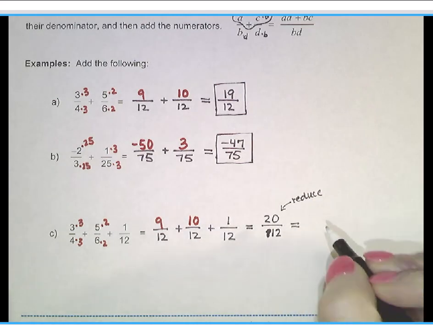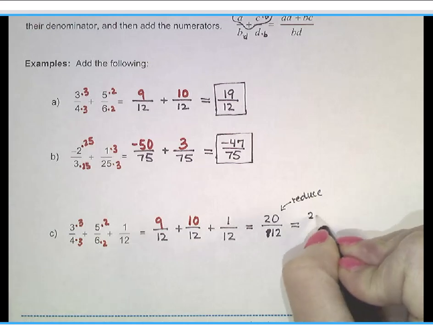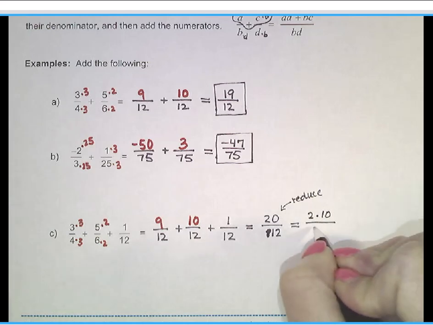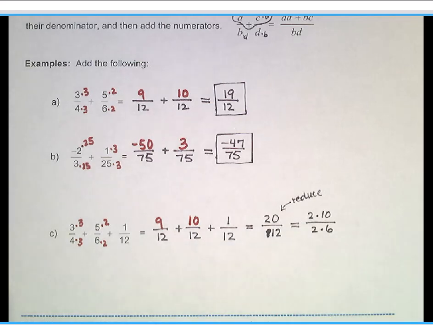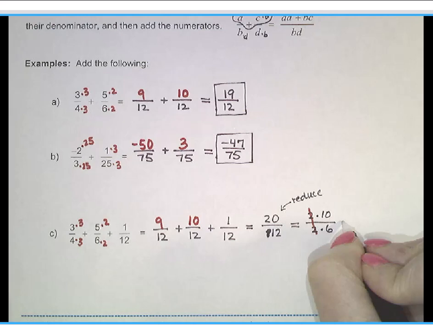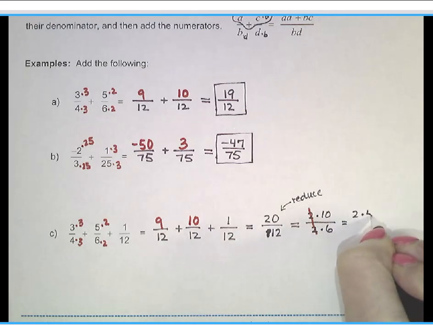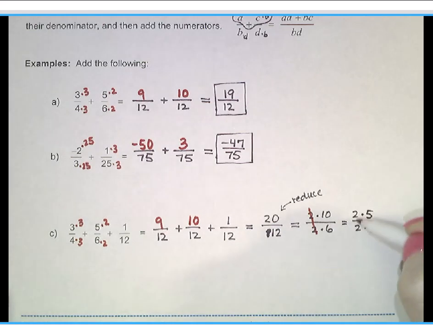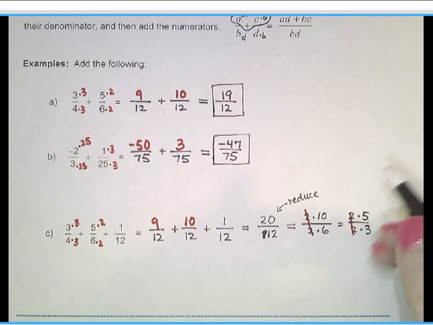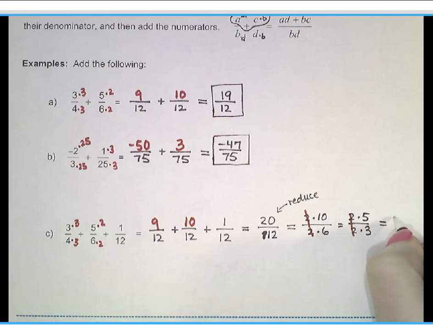So let's see. 20 is 2 times 10. 12 is 2 times 6. So I know that those 2's will cancel. And 10 is 2 times 5, and 6 is 2 times 3. So I know those 2's will cancel. And there we can get 5/3 as our final answer.